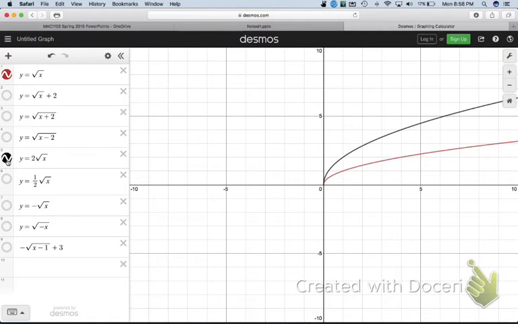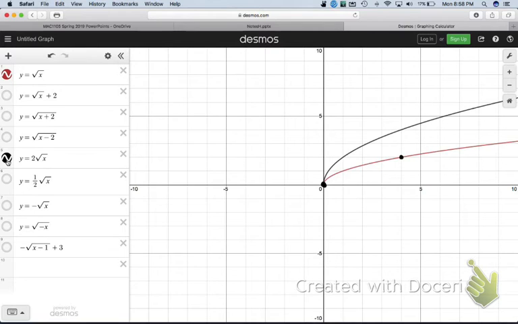Two square root of x takes my parent function and it stretches it vertically. Now think about what's happening here. That point 0, 0, if I stretch 0, 0 by a factor of 2, guess what? 0 times anything is 0. It is staying at 0, 0.